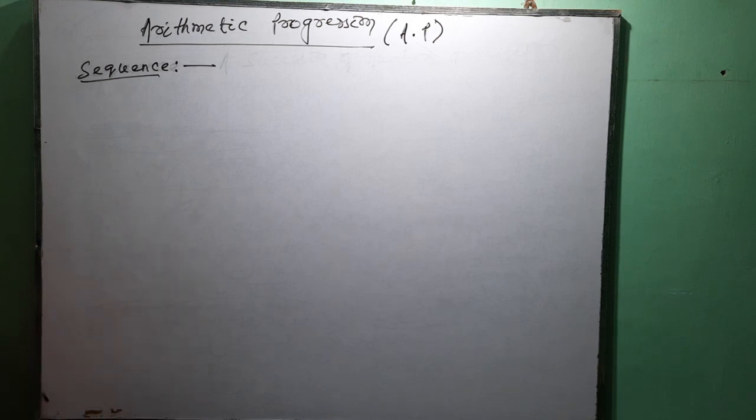Sequence means a succession of numbers formed and arranged in a definite rule is called a sequence.